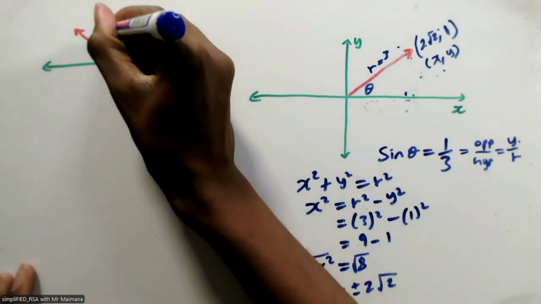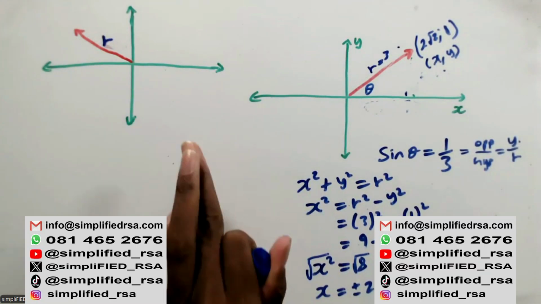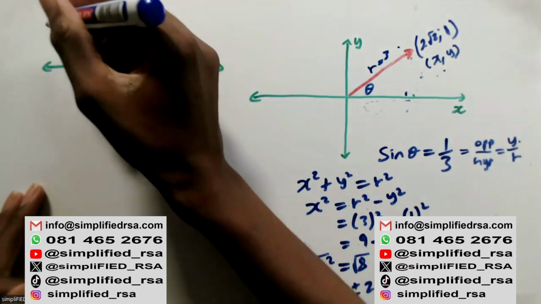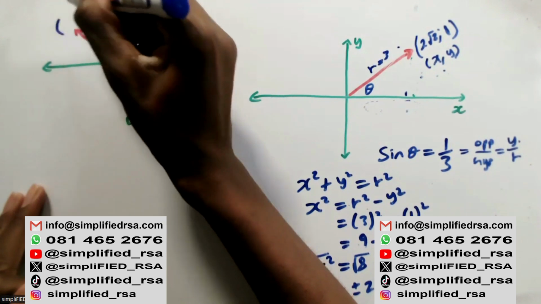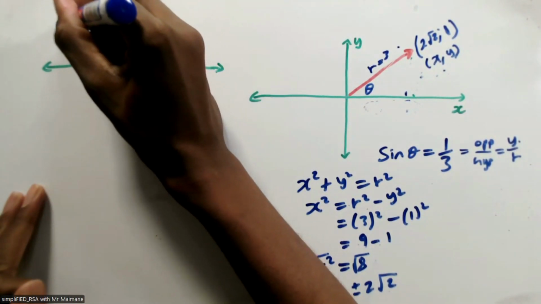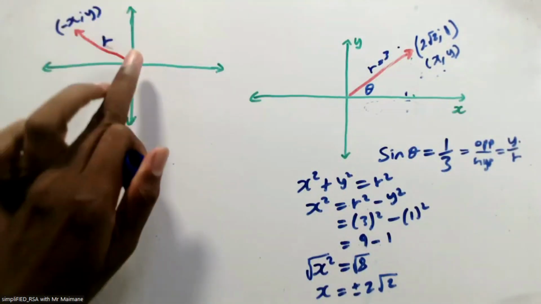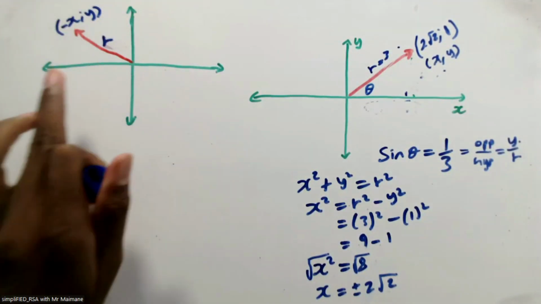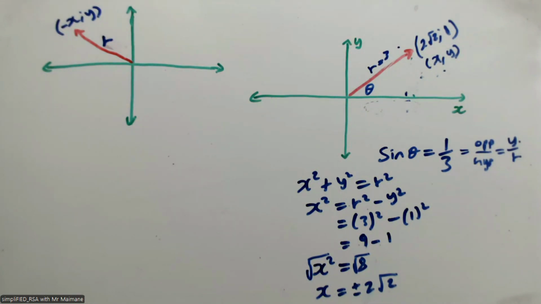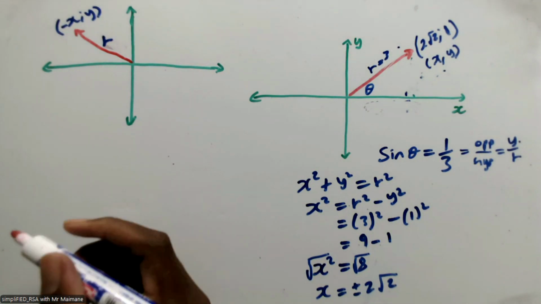What happens now when R is in the second quadrant? When R is in the second quadrant, we know that X will be negative and Y will be positive, because this is the negative side for X, this is the positive side for Y. What happens when R is in the third quadrant?